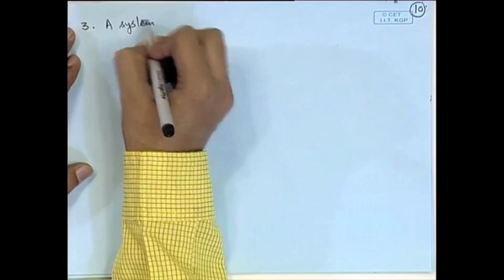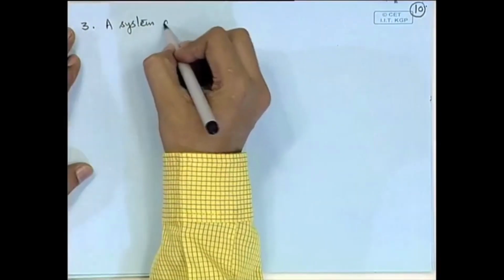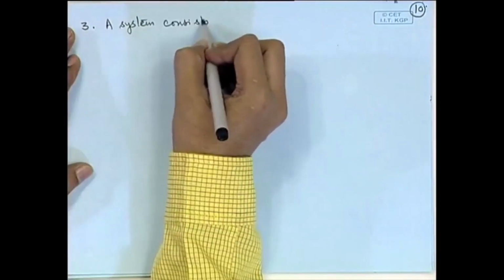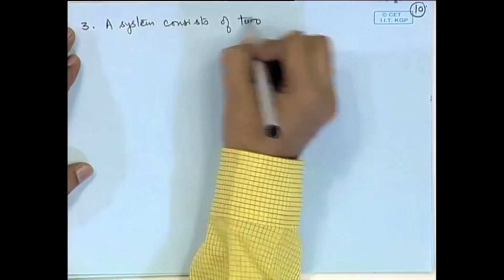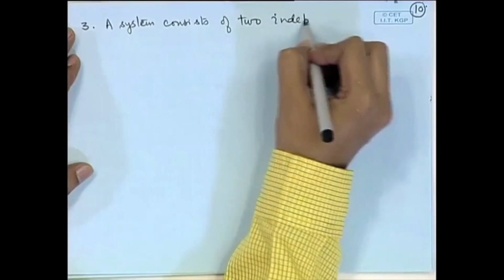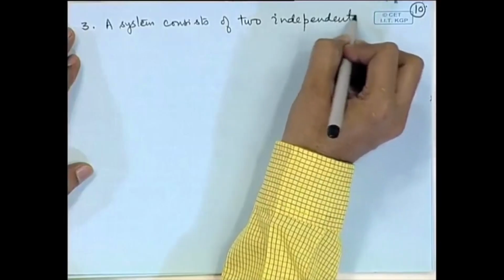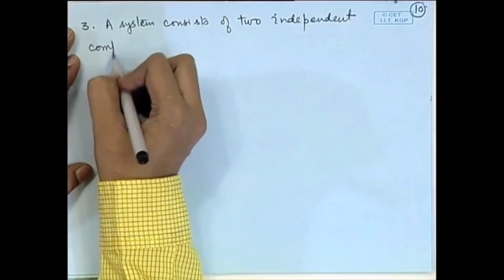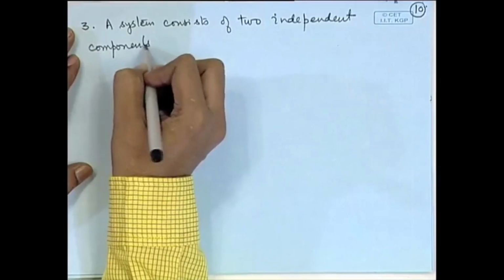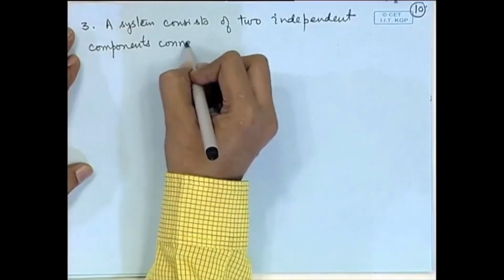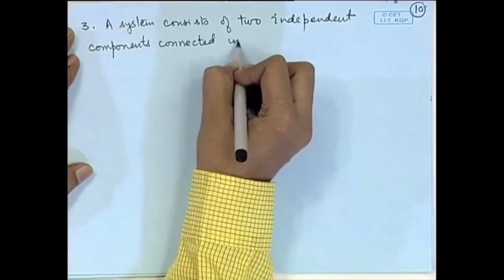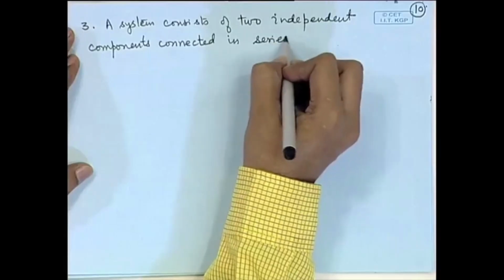A system consists of two independent components connected in series.